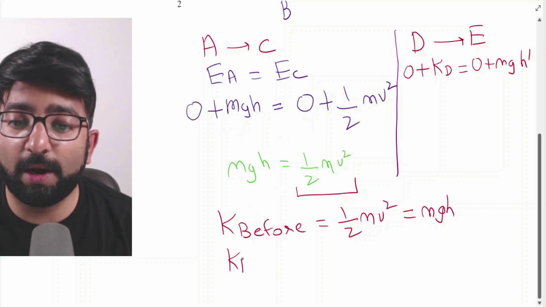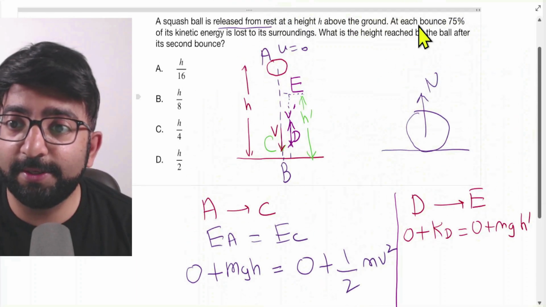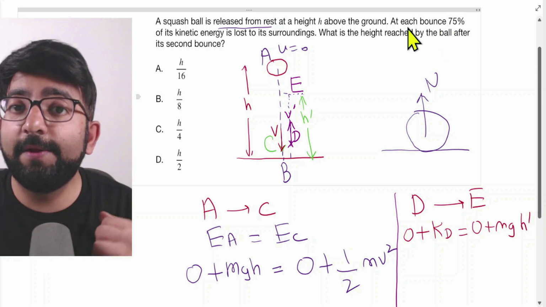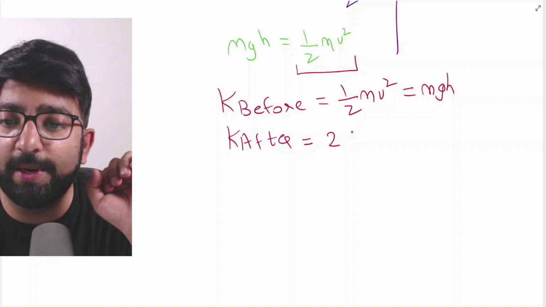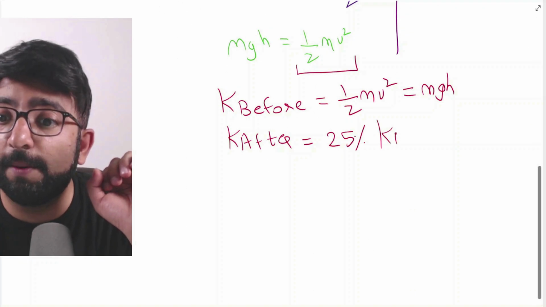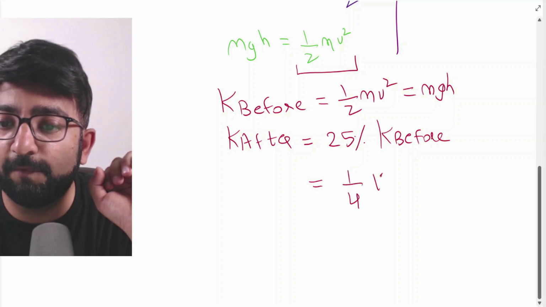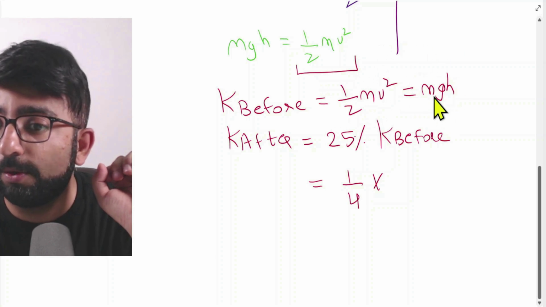Now, what will the kinetic energy after the bounce be? In the question, it is mentioned that 75% of the energy is lost, which means 25% of the energy is still left. So the kinetic energy afterwards will be 25% of the kinetic energy before. 25% can be written as 1 by 4, and the kinetic energy before is half mv squared, which is equal to mgh.